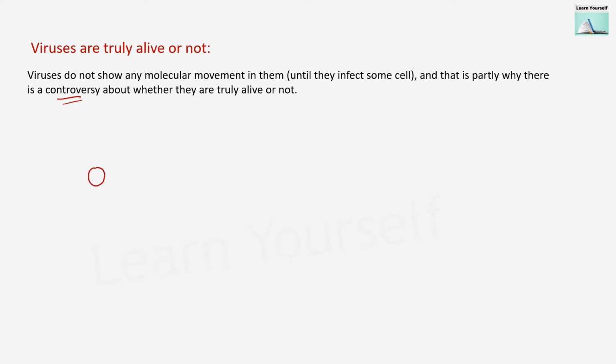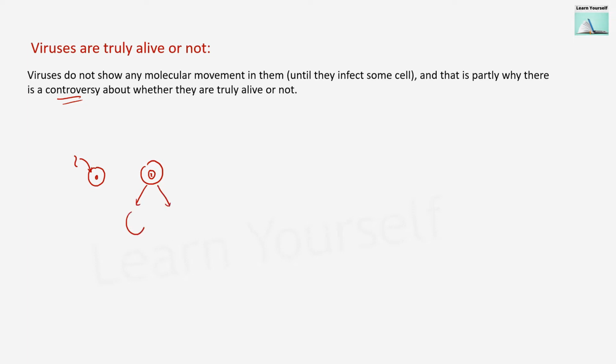For example, let us revise that concept: this is a healthy cell and this is a virus. Once the virus enters the cell, it will capture this cell and use all the metabolic processes so that it can multiply.